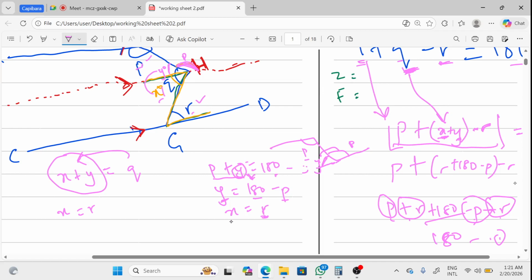So I just wrote X equal to R. That's just a smart way of rendering X. I can't use X in this equation because it was not given to me, and I can't use Y because it's not given to me. So I say that X is equal to R, which I was given. Then I also say my Y is equal to 180 minus P, because I was given P.